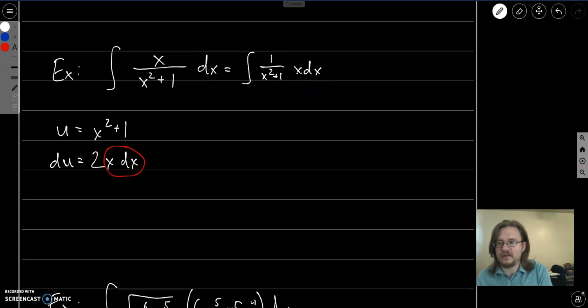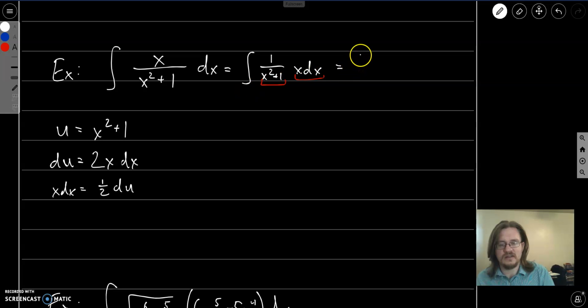And now it's a little bit clearer that, oh, I have my u on the bottom of this fraction, and what is nearly du at the back of the fraction. But I think the only thing to remember is that, oh, I've got this 2 here. So if I want to write x dx there, I have to move the 2 to the other side, so it's going to be 1/2 du.